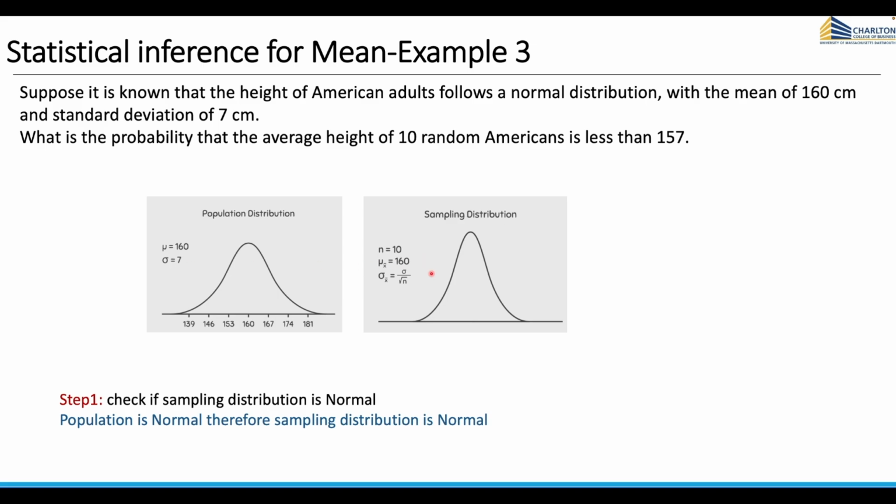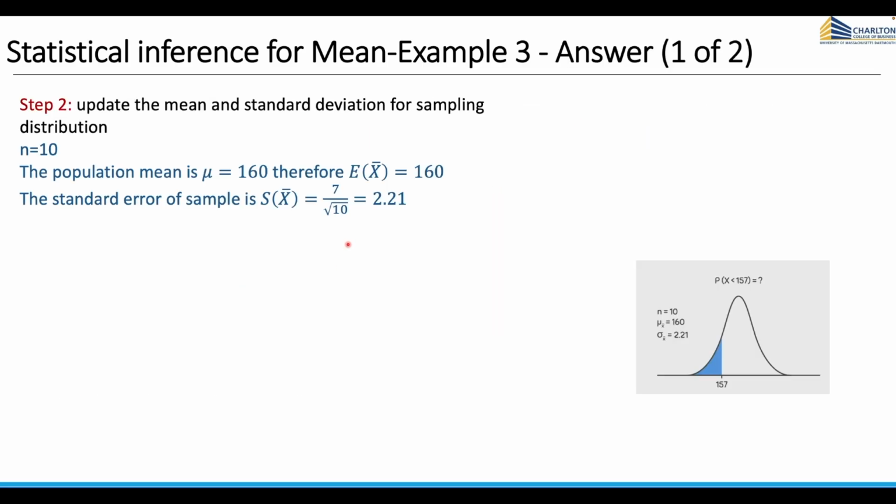Therefore, we can update the features for the sampling distribution as well by taking 10 samples. That's the sample size. The average of the sample mean, or mu sub x bar, is 160, same as the mean. And the standard deviation of the sampling distribution, sigma sub x bar, is equal to sigma over the square root of n, or 7 divided by the square root of 10, which is basically 2.21.